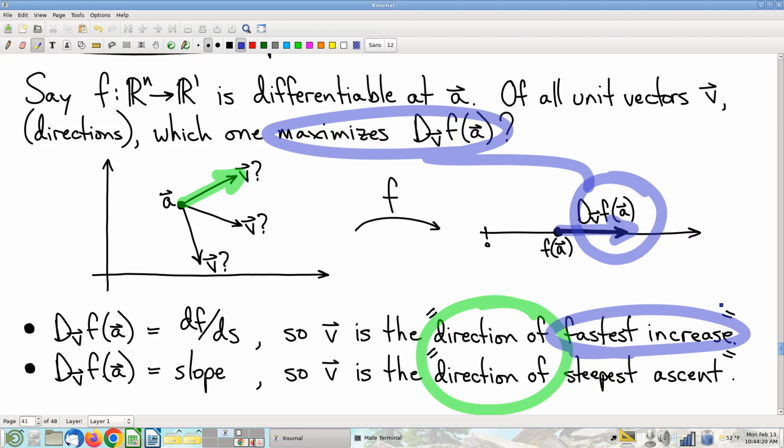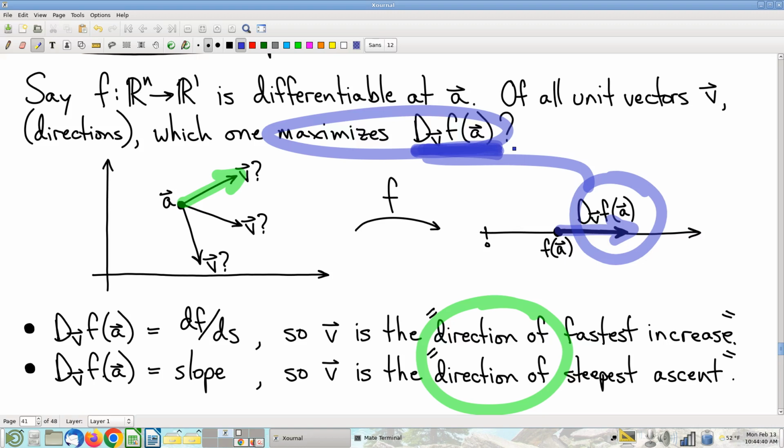Now, if you're thinking about graphs, which is a big if, right? Graphs are awkward to draw when the dimensions get high enough. But if you are thinking about graphs, then in that setting, a directional derivative, of course, is the slope of the graph as you're moving in that direction.